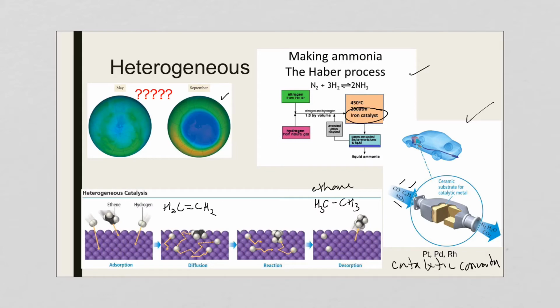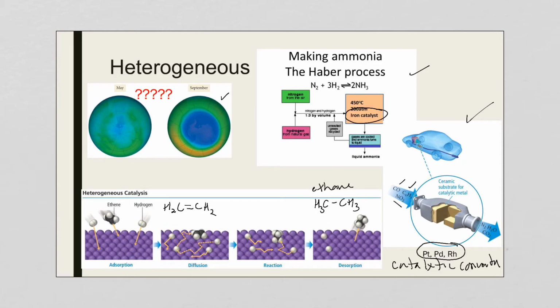But the catalysts that are involved in our catalytic converter, and I will have a video that has a little bit more detail here, is ceramic, but on top of the ceramic is where the catalysts are actually supported, and these catalysts typically involve fairly rare, expensive metals: platinum, palladium, rhodium.